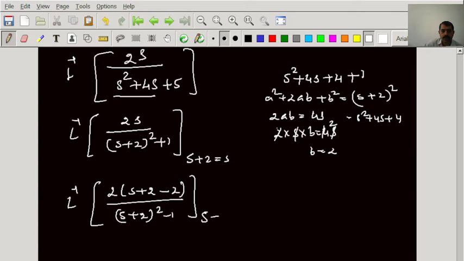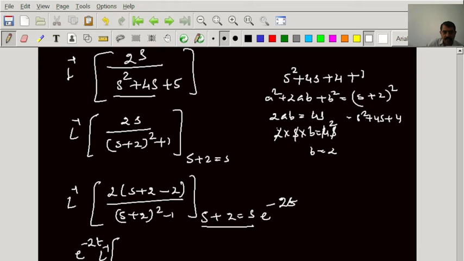Now this s plus 2 can be written as s. When we are modifying this, we must write it as e power minus 2s, so here e power minus 2t, open bracket. So we apply the inverse Laplace.